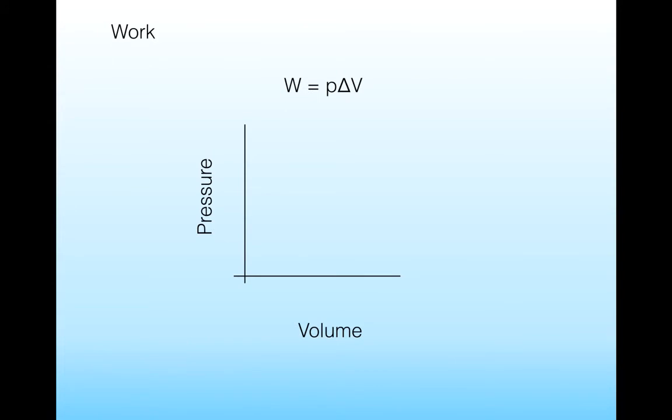If we want to look at our PV diagram and we have a piston that's moved, let's say it starts at an initial pressure and volume, which is given by this purple dot. If we assume that the volume changes but the pressure stays constant, then we have a second state which has a different volume but the same pressure.